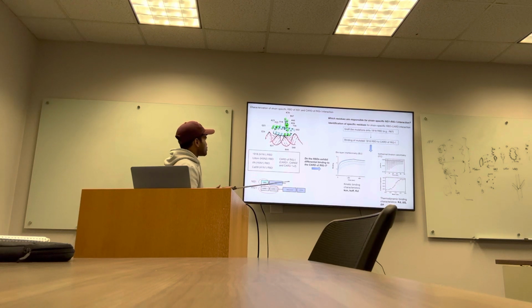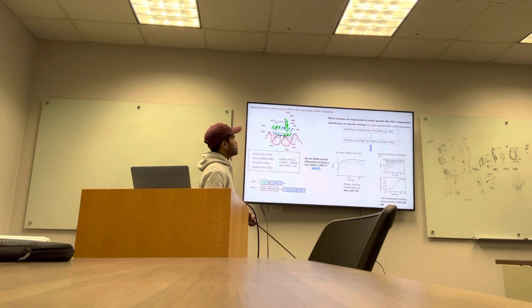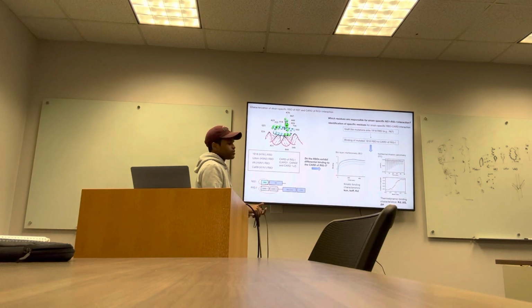If they interact, we'll also use, for example, different CARD domains of RIG-I. In the previous study, they only used the CARD 2 domain, but we'll extend it and include the CARD 1 domain also in our study. And if the different RBD domains interact with RIG-I, we'll then try to find the specific residues responsible for these interactions.